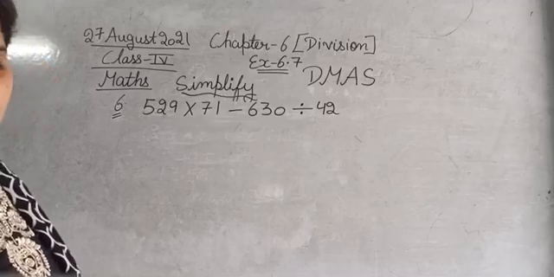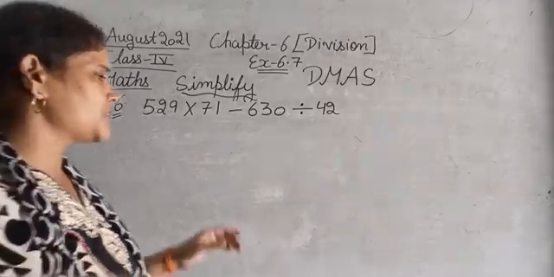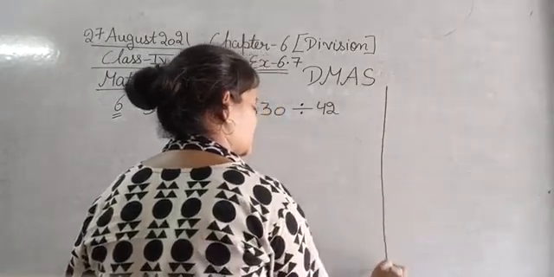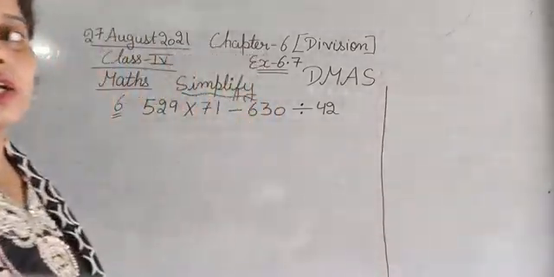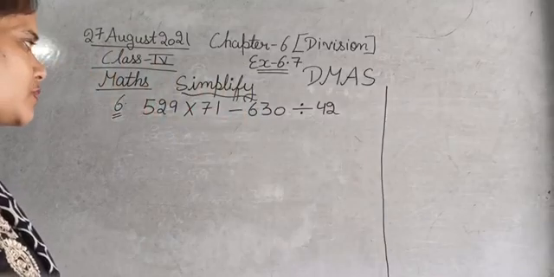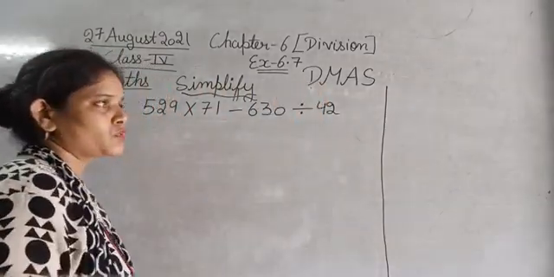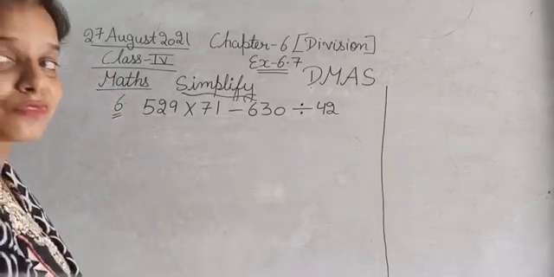So let's do it. Again, in this as well, we are going to follow the rule of the D mass. So the first one is D. D stands for division. So first of all, we will do the division.